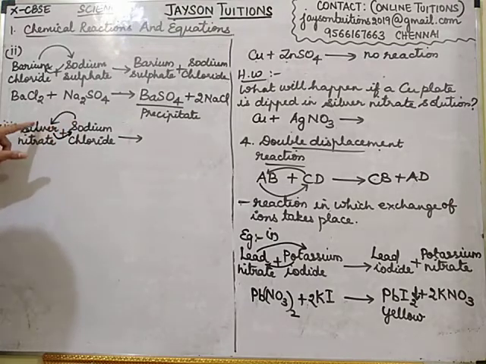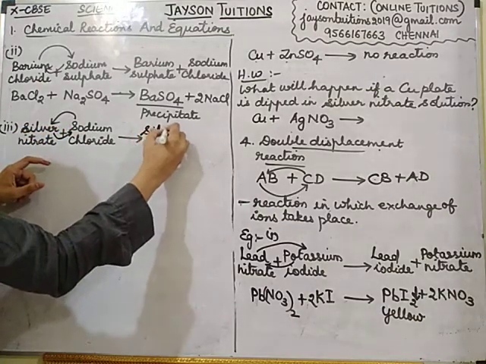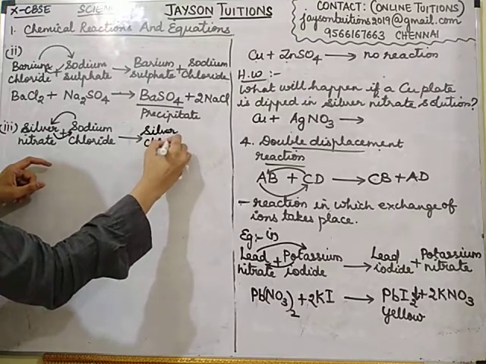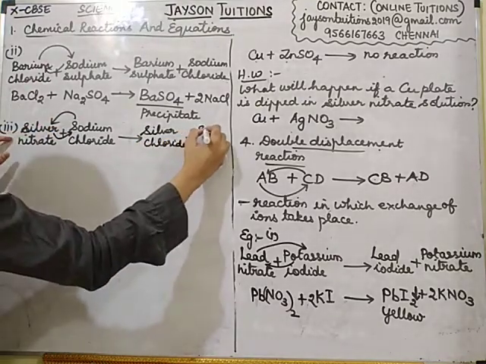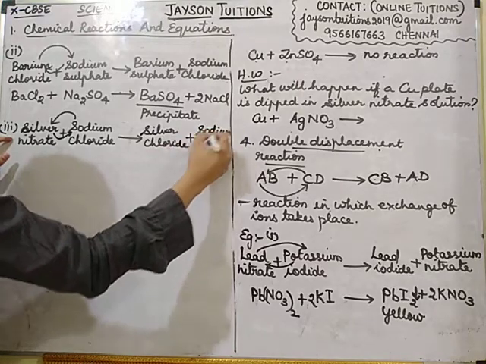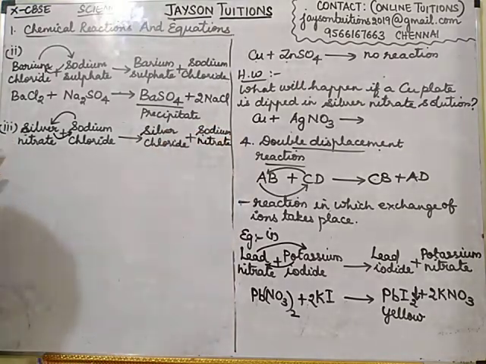If silver comes here, I will get silver chloride, plus if sodium comes here, I will get sodium nitrate. What is the formula for silver nitrate?